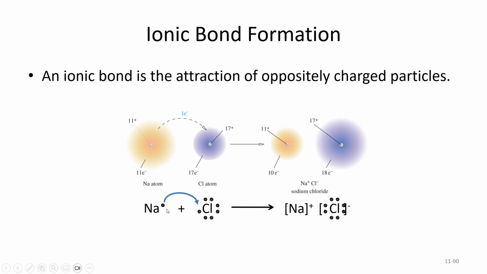Otherwise, you're going to end up drawing lines where lines do not belong. You never form a line in this type of relationship. So one is going to leave, the other one's going to gain. So you have Na becoming positive by 1 because it just gave up 1 negative charge. Chlorine is going to become negative by 1 because it just gained a negative charge.